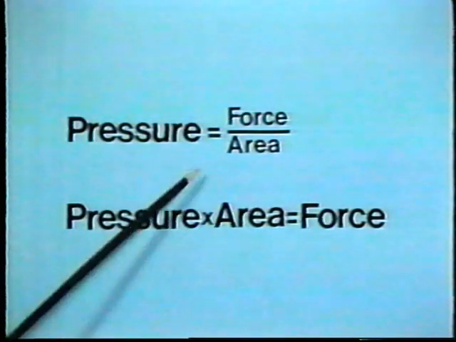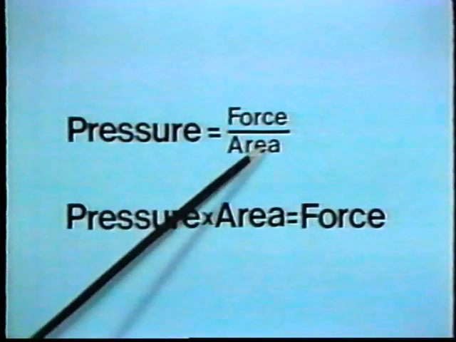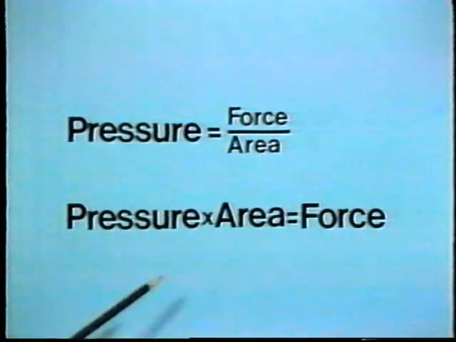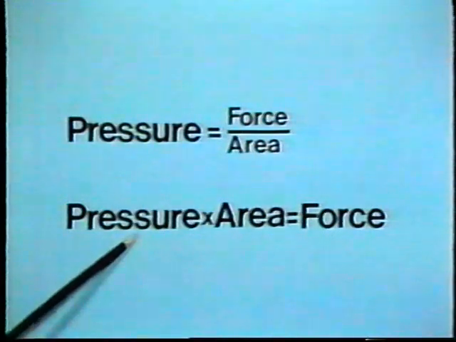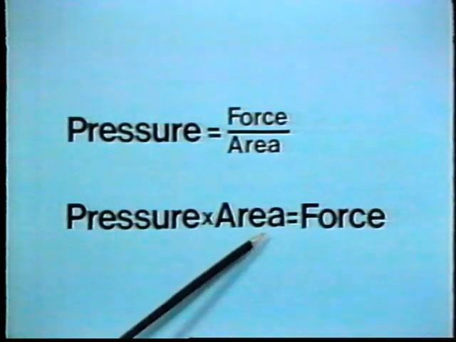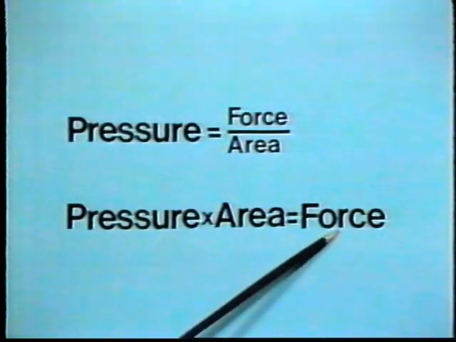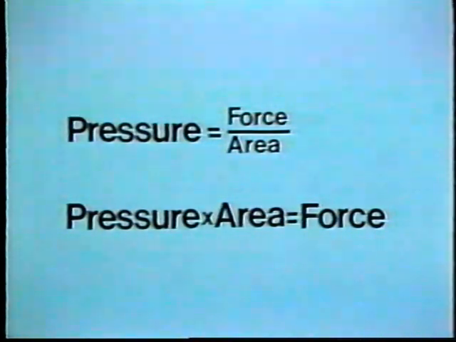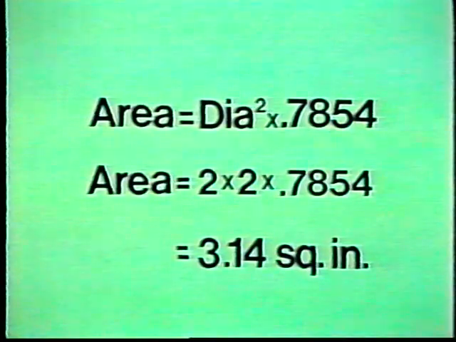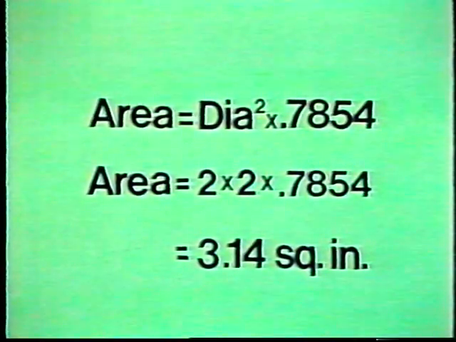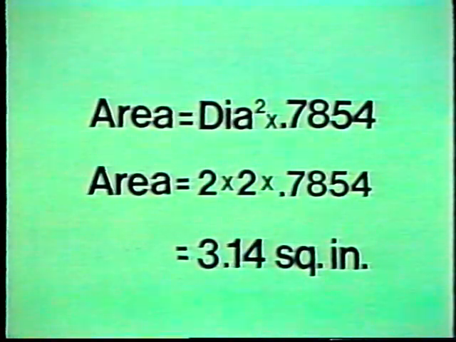Now, instead of reading pressure equals force divided by area, it reads pressure in pounds per square inch times area in square inches equals force in pounds. For example, let's say we had 100 psi pressure and a 2-inch diameter piston.